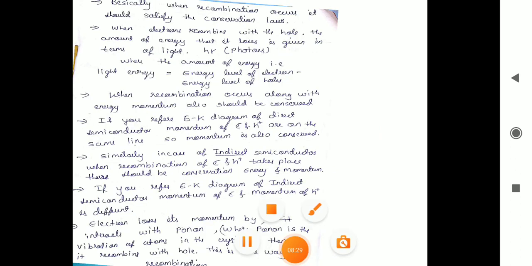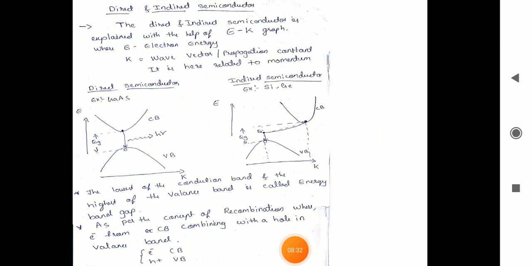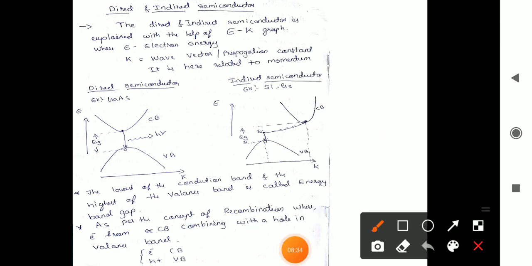What we can summarize now, in the case of a direct semiconductor, the electron falls directly from the conduction band to the valence band.